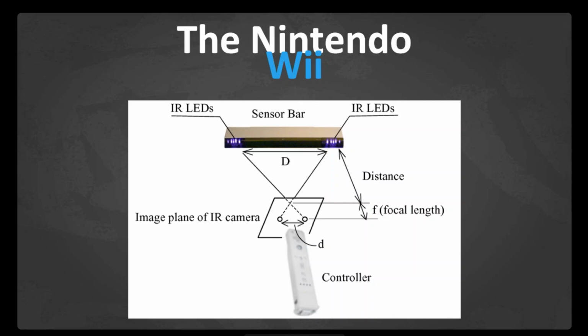The controller's doing all the work, and there's people that actually modify these sensor bars to plug them into regular outlets. There's nothing special going on between the sensor bar and the console except just powering it up. Just power. There's no communication. I always thought it's called the sensor bar. You'd think it would sense the motion, but it does not. It's just a bunch of LED lights.